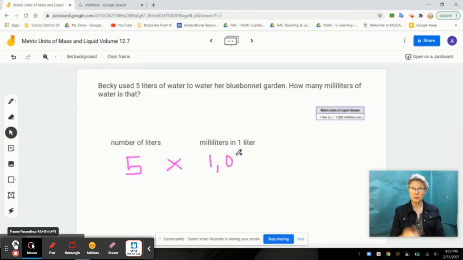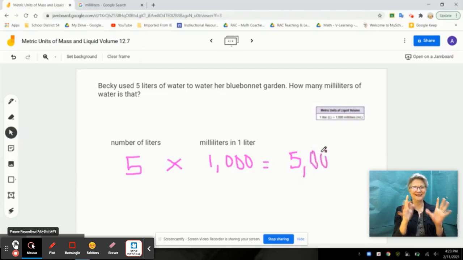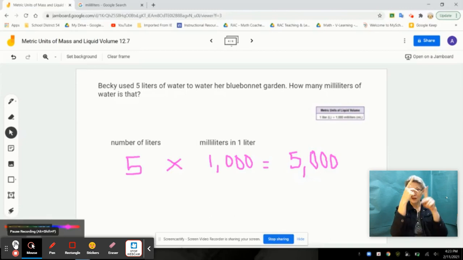And when we multiply those together, we get a total of 5,000. All right, we're done. No, we're not done yet. Why aren't we done? That's right, we have to figure out our unit. We have 5,000 total milliliters.